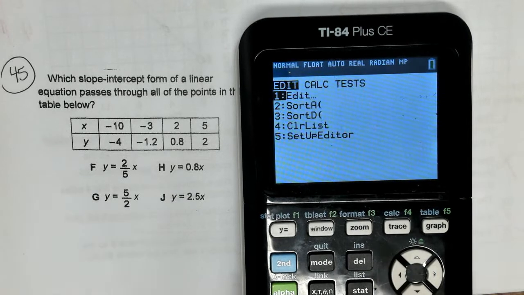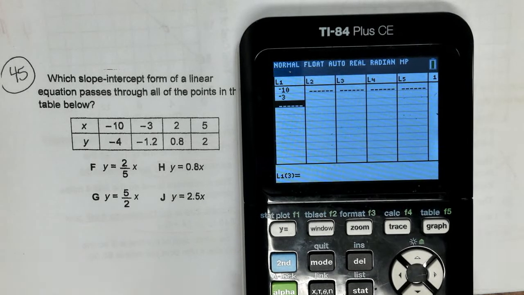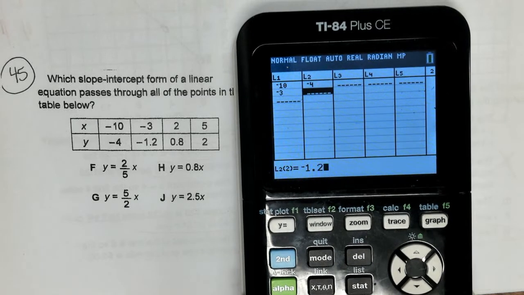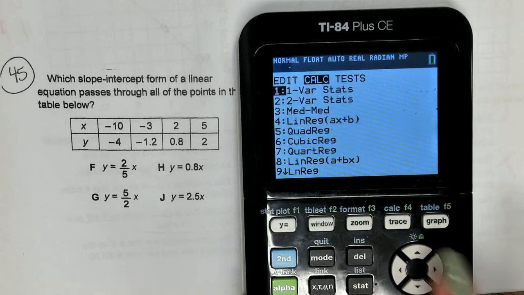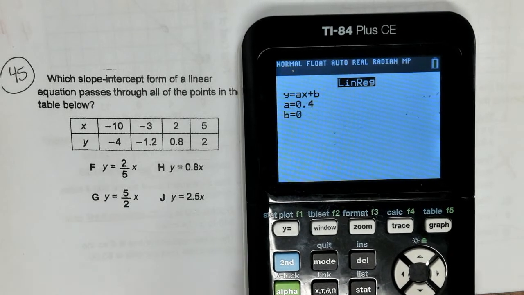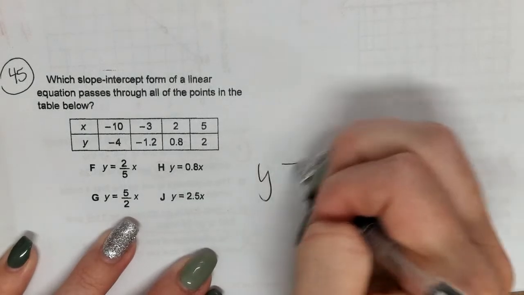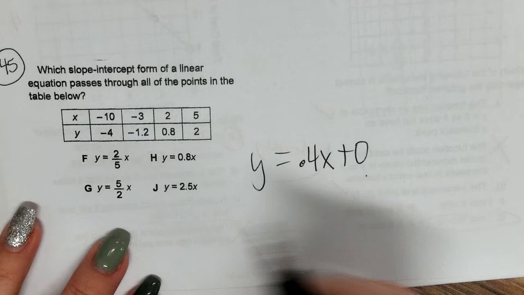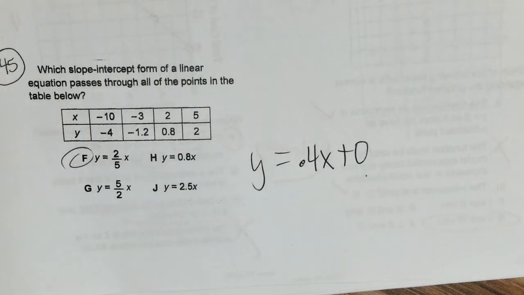What did I just hit? All right. Negative 4 for the first y, negative 1.2 for the next y. Stat calc, option 4. And the answer is y equals 0.4x plus 0. Which one is the same thing? F, because 2/5 is 0.4.